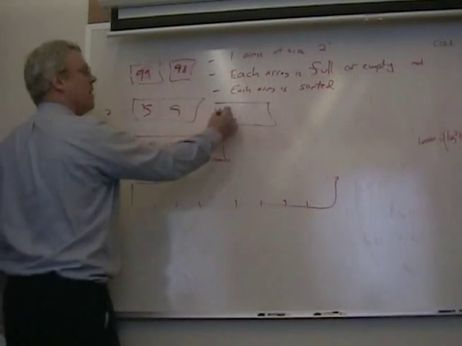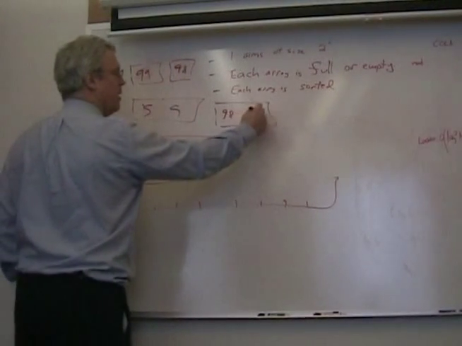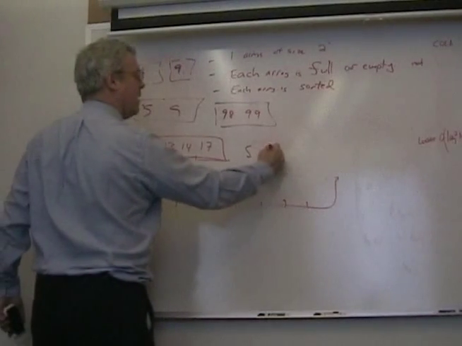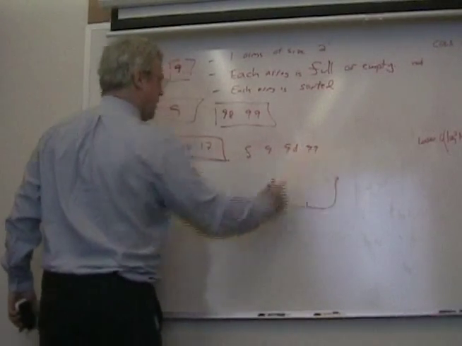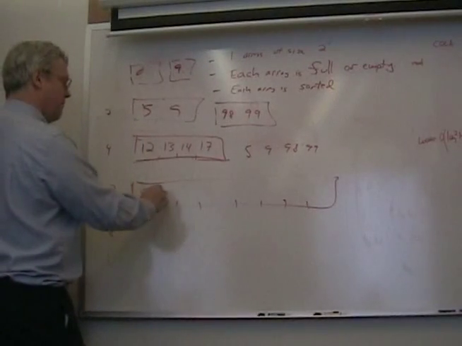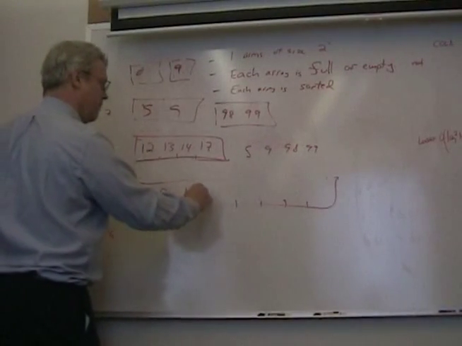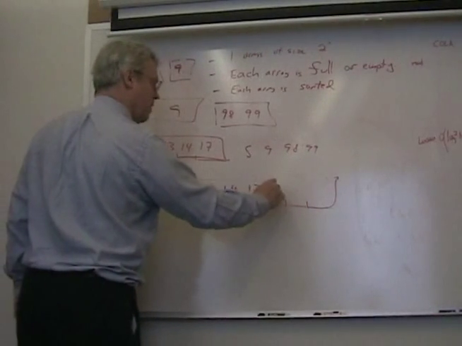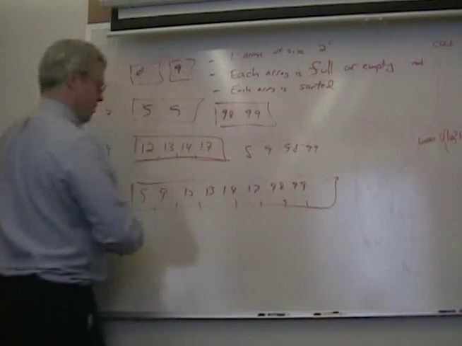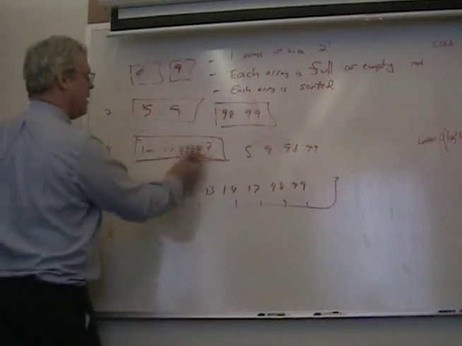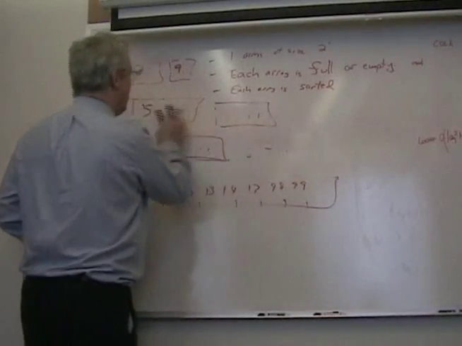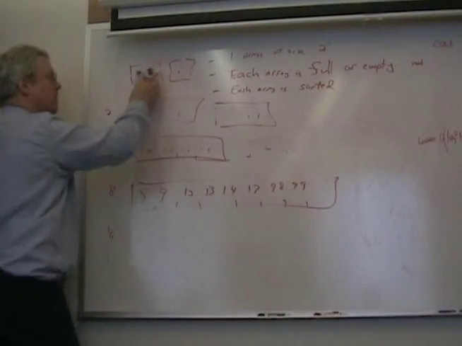So then I merge the 99 and the 98. And I get that, and then I merge those two, so I get a 5, 9, 98, 99. And I merge these, and I get a 5, 9, 12, 13, 14, 17, 98, 99. I haven't done a very good job of aligning. I erase that. So you can sort of see that once in a while, I have a really expensive insert.